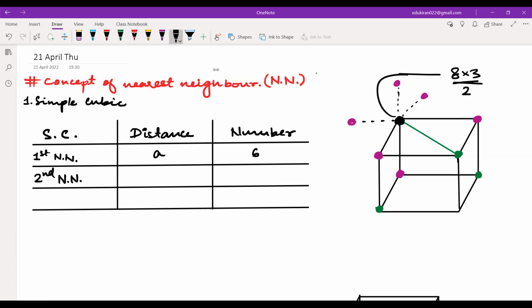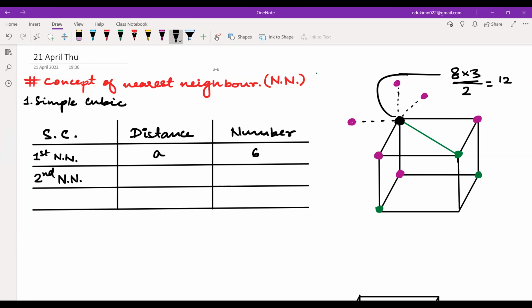So that is why it is effectively present in 8 into 3 by 2, that is equal to 12 different faces. If you understand this mathematically, that is fine. It is present in 12 faces.